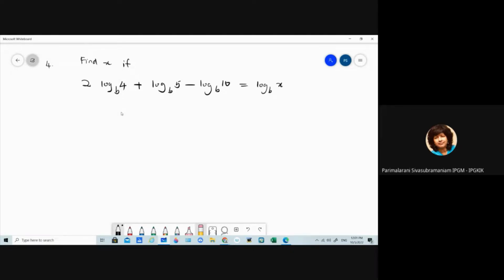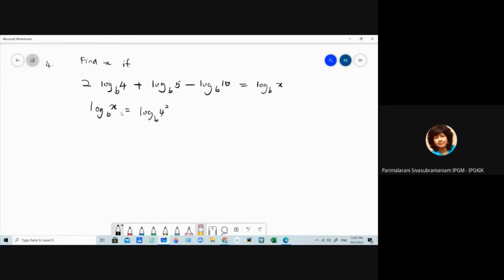We can rewrite this as log x base b. Just bring the right to the left and the left to the right. So this one, 2 log 4 base b, we can also write as log base b of 4 squared.